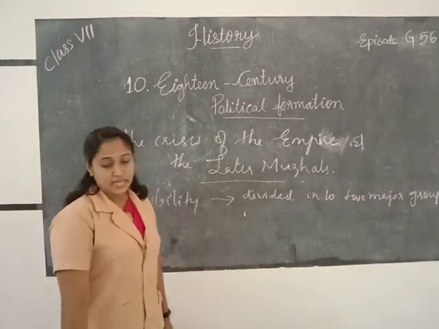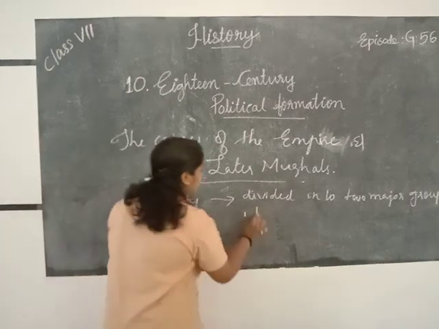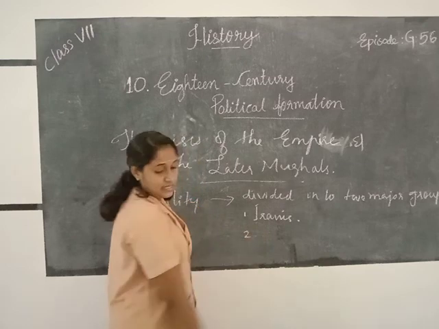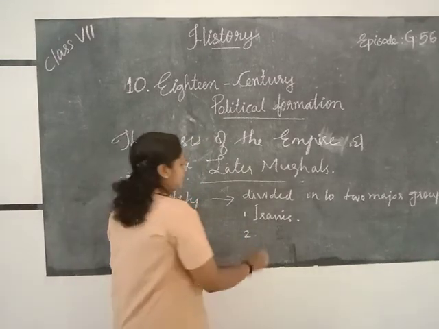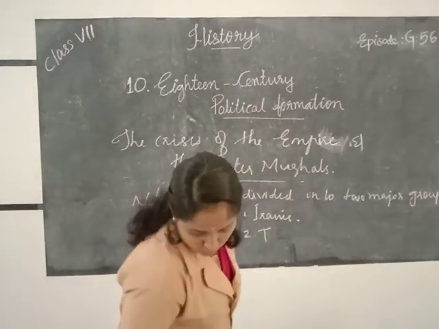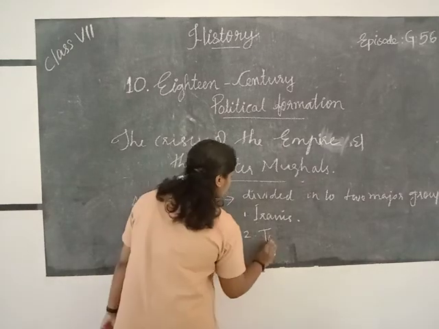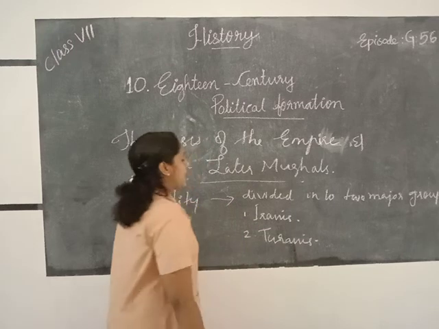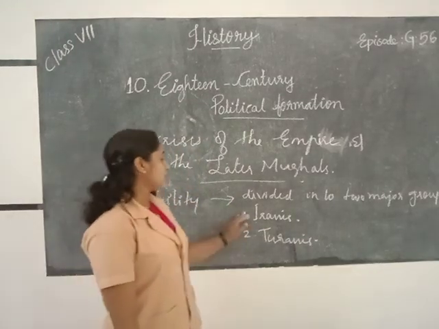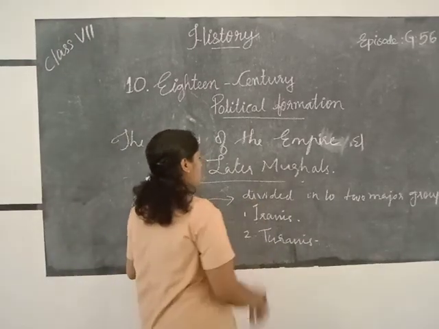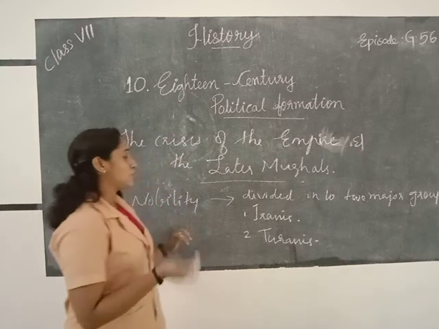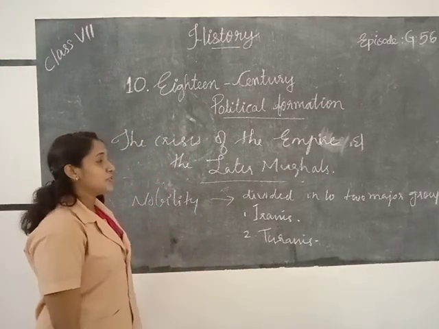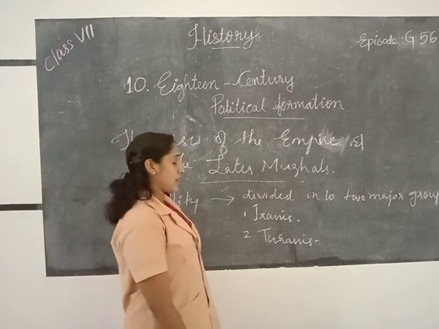The first one is Iranis, the second one is Turanis. Iranis and Turanis are the most important major groups of nobility. So the nobility divided into two major groups, Iranis and Turanis.